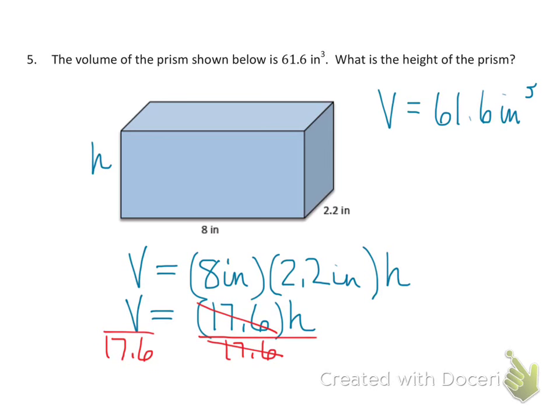What I didn't do yet, and what I'm going to do right now, is to go ahead and substitute in our value for the volume, because we know what that is. So we know that the volume is 61.6 cubic inches. So 61.6 divided by 17.6 is equal to 3.5.